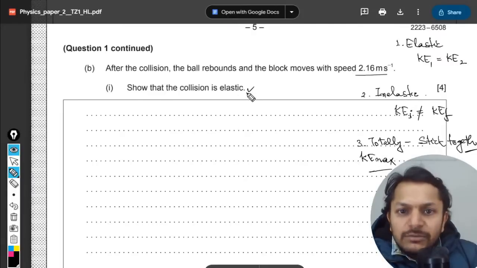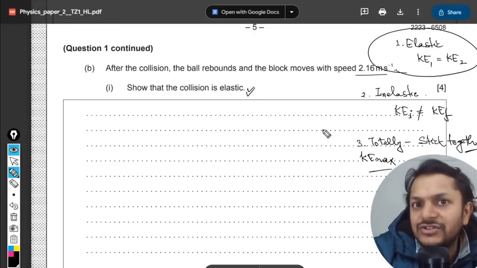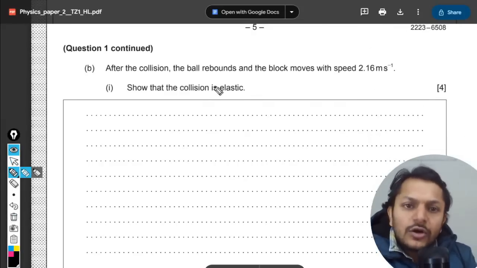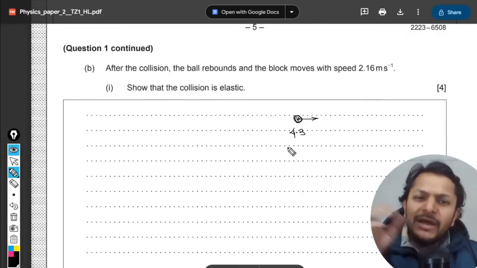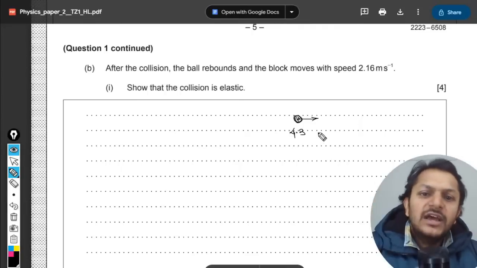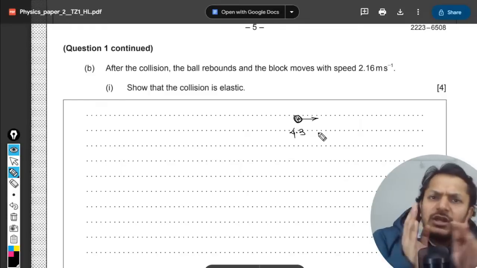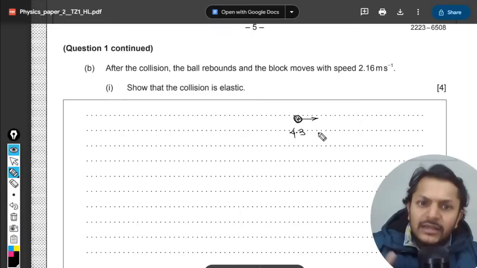Now the question is about elastic energy. So we want to confirm whether the kinetic energies are equal to each other or not. Let us now see. I'm just talking about the moment when the ball is about to strike the block and rebound is taking place.